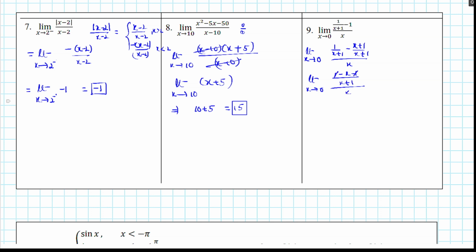So here 1 gets cancelled, also x gets cancelled. So this is the limit as x tends to 0 of negative 1 over x plus 1. Now you can substitute the limit, that is negative 1 over 0 plus 1, which is negative 1 over 1. This is negative 1. So the limit is negative 1.